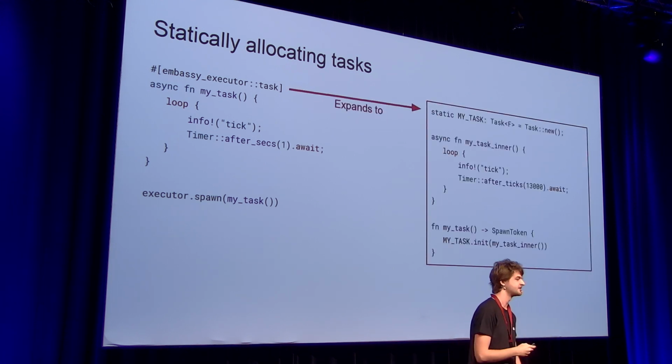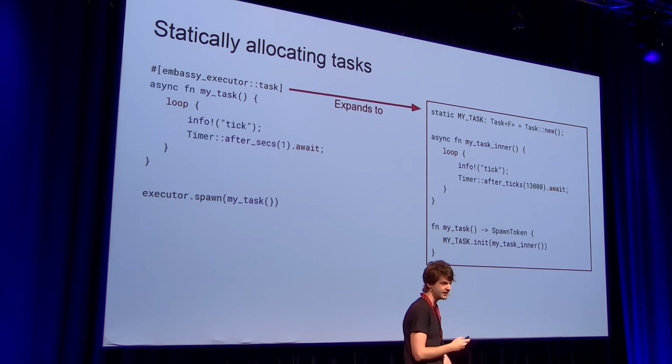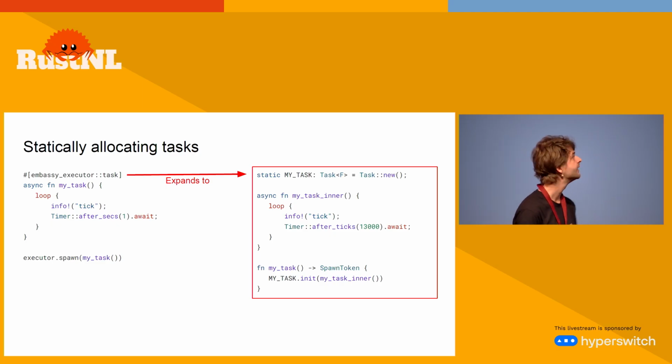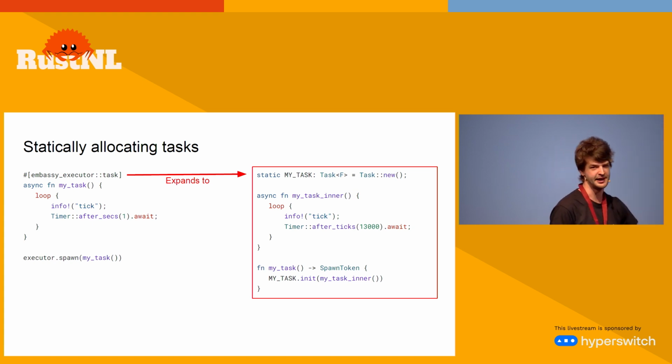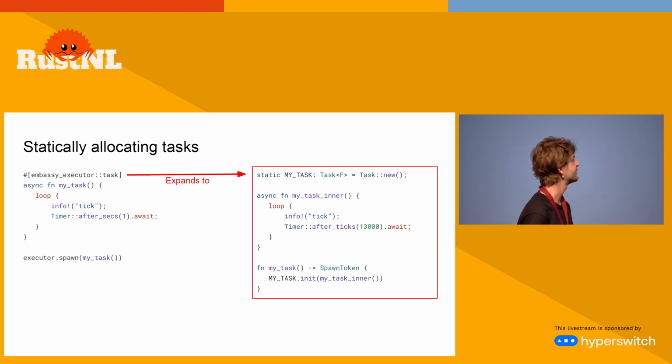create a static for each task. And the only way to do this, if you don't want the user to write it manually, is with a macro. So this expands to a static containing the task, then the async function, which is renamed with an inner suffix so the user doesn't touch it directly, and then the function that the user does call initializes the task in this static, and then returns something called the spawn token.